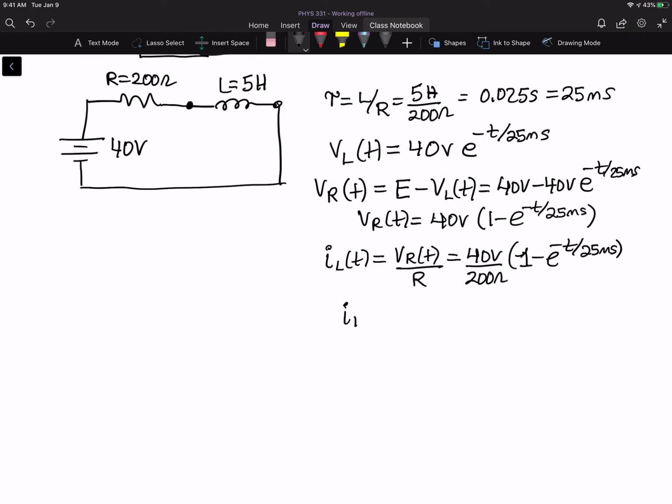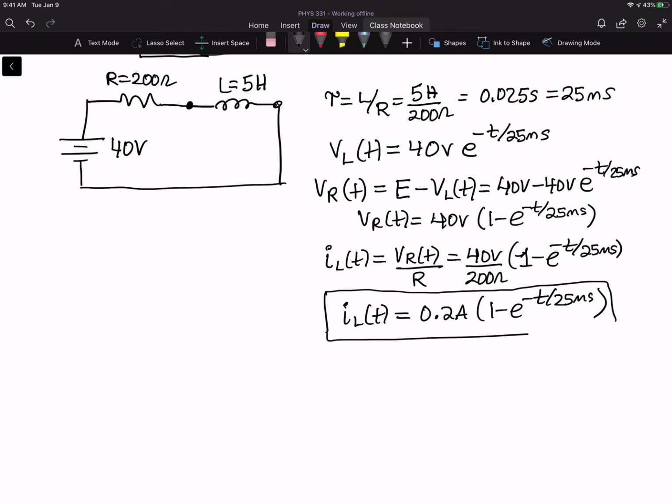So the current is going to be 0.2 amps times (1 minus e to the minus t over 25 milliseconds). So we have determined what the question has asked, which is what is the current across the inductor as a function of time when it is in a state of energizing when the switch is closed.